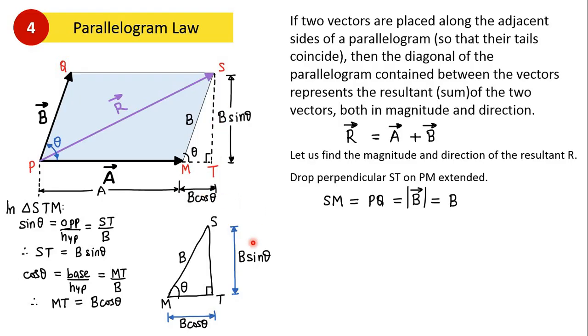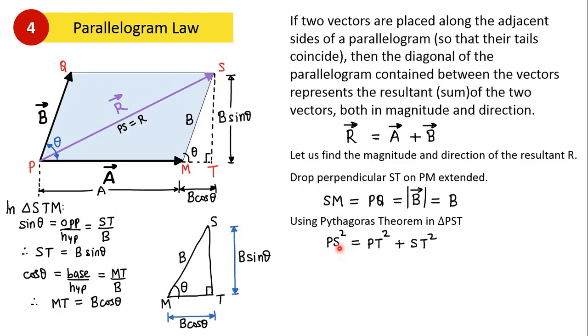Now we can apply the Pythagoras theorem in the triangle PST. As the triangle PST is a right triangle, using the Pythagoras theorem in this triangle PST, we can write down that the square of the hypotenuse PS, you see PS is the hypotenuse, is equal to the sum of the squares of the other two sides. So PT is the base and ST is the height.